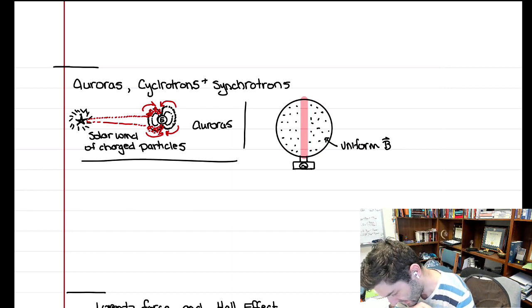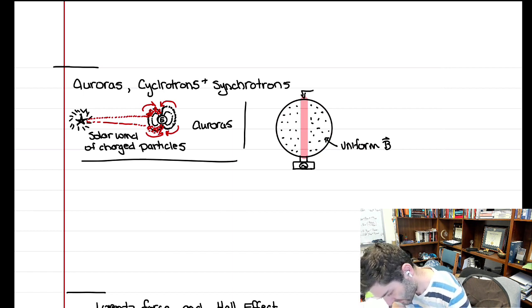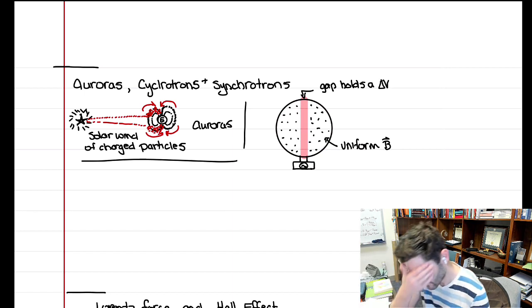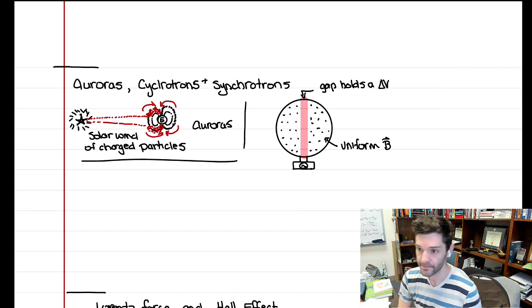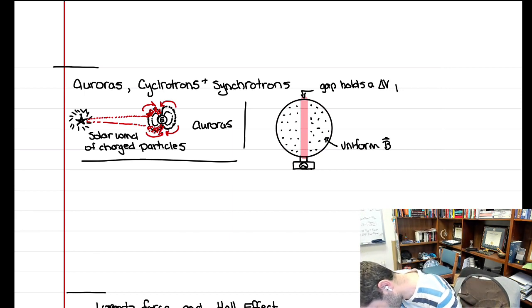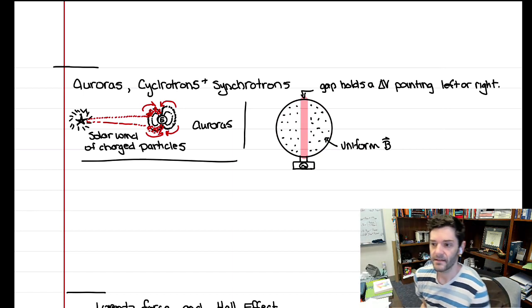And then this gap holds a constant potential difference. So there's an electric field in that little gap that points either left or right. And the idea is the following.